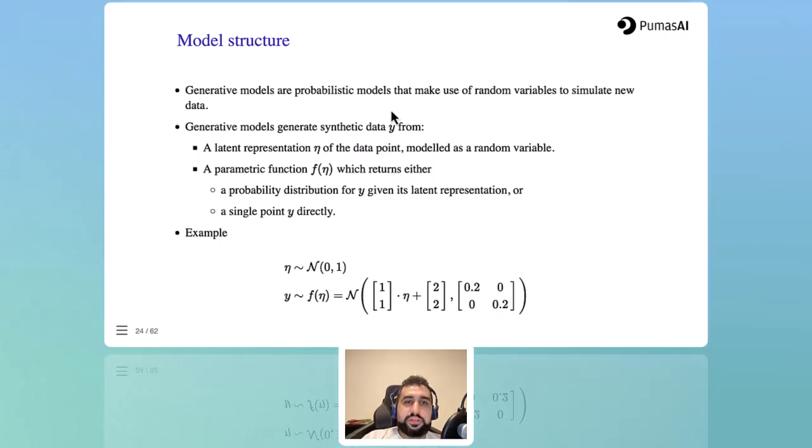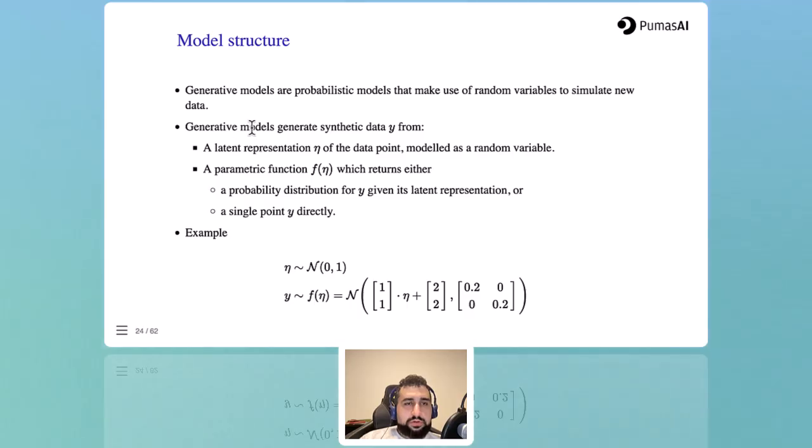This is not the only structure of a generative model, but a popular one, because generative models in general cover any probabilistic model that can make use of random variables to simulate new data. It's a very broad definition, but there are certain architectures that tend to be quite popular in practice, and we'll see a couple of them.